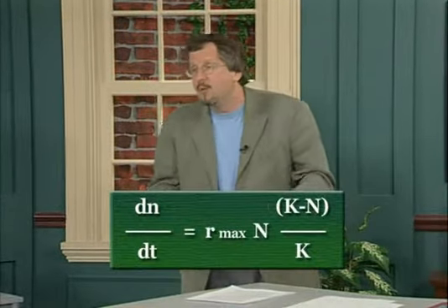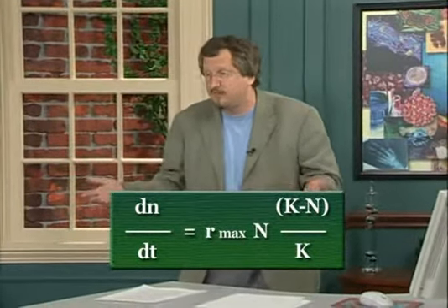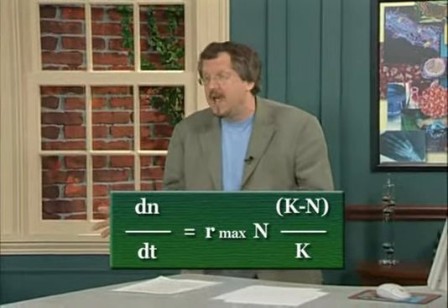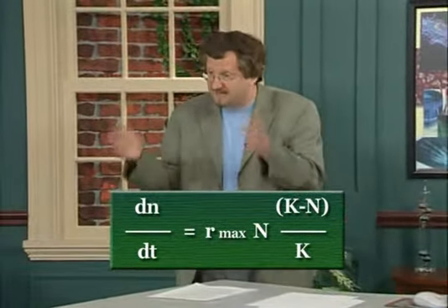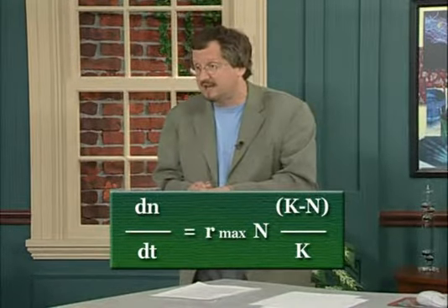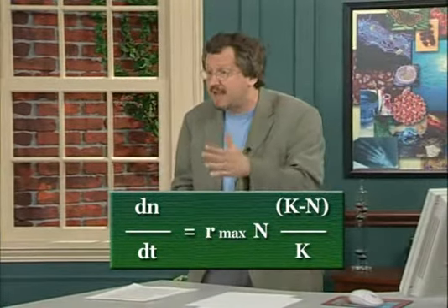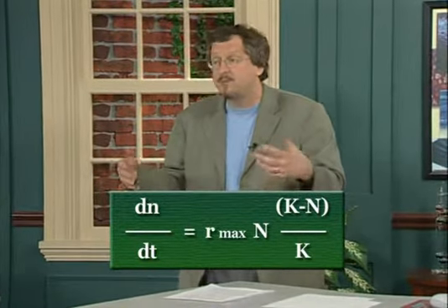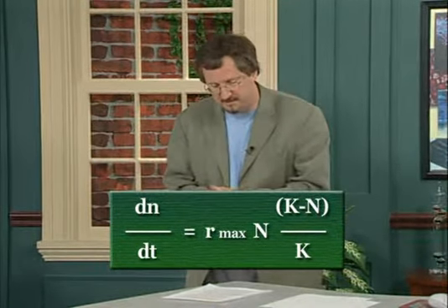The reason for this is that our logistic growth model would predict that the reproductive rate of the population, R, would become zero. Effectively it becomes zero because of that term we added to the equation last time, (K minus N) over K. Once N equals K, that term becomes zero, and so we predict zero population growth.